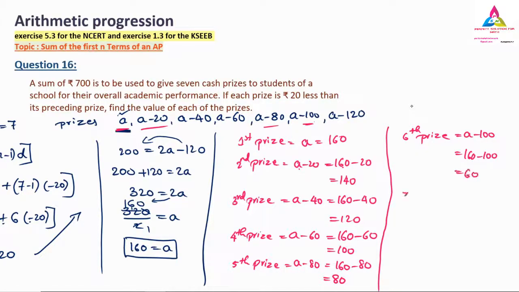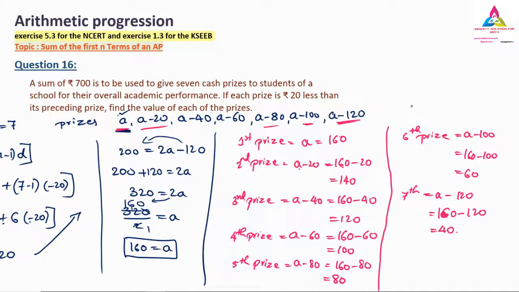And lastly we have to find the seventh price. The seventh price is nothing but a minus 120. So a means 160 minus 120, that is nothing but 40. So these are the cash prizes they have given for the overall academic performance.